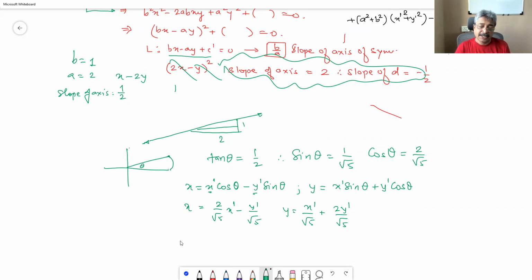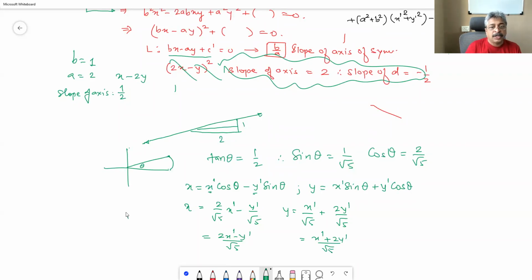So if we replace this in our original equation, we will get rid of the xy term, because the xy term is essentially because of rotation. So by putting it in the given equation, x square plus 4xy plus 4y square. Now let us slightly simplify this. 2x dash minus y dash upon root 5, and this is x dash plus 2y dash upon root 5.